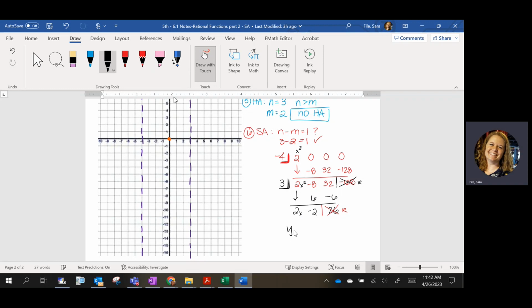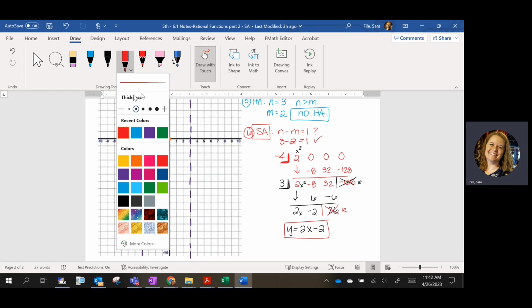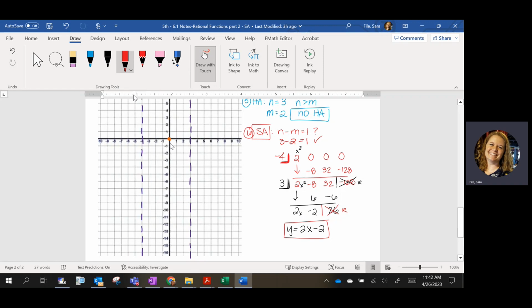So this is 2x minus 2. And remember, your slant asymptote should always be linear. It should be in that form, mx plus b. So I'm going to graph that by starting with the y-intercept at -2, and I'm going to have a slope of 2.